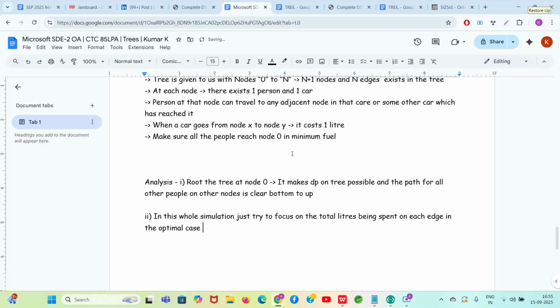So when will the optimal case happen? Optimal case happens when, first of all, the leaf nodes at the bottom start pushing up, and this type of process continues.